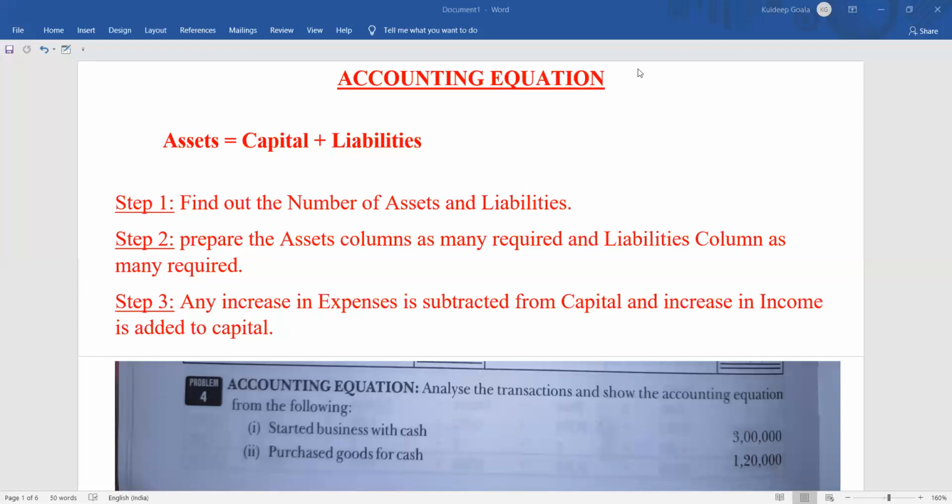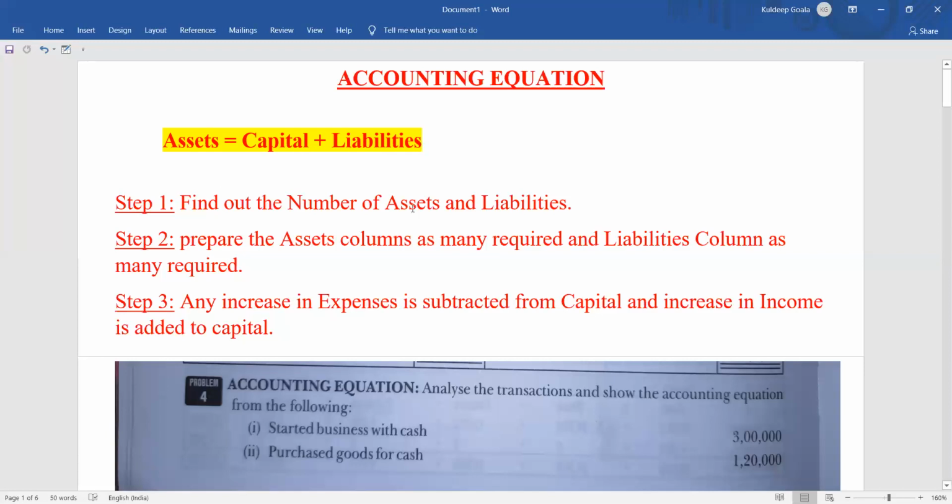Is it clear? So this is the concept of the accounting equation, that my asset is always equal to capital plus liability, right? Now the steps, how to do the sums on the accounting equation. It is very simple, my dears. The only thing you have to do is find out how many assets and liabilities there are in your question.